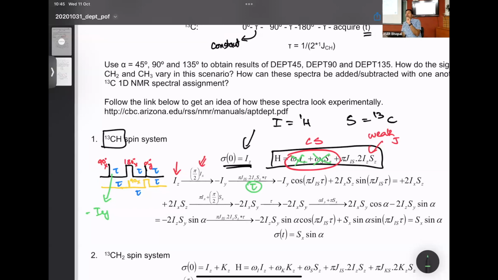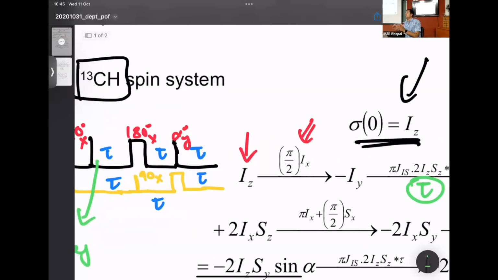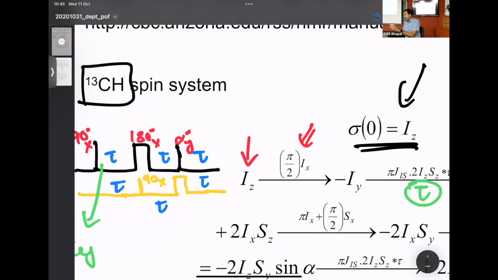You cannot evolve scalar coupling for 2 tau delays because you don't have simultaneous 180s on proton and carbon. Only when you have simultaneous 180s on proton and carbon could you have evolved J coupling for 2 tau delays. Correct? So far, what we are doing is to learn which Hamiltonian is active at which part and only selectively evolving the necessary Hamiltonian. So for the first tau delay, only scalar coupling evolves.